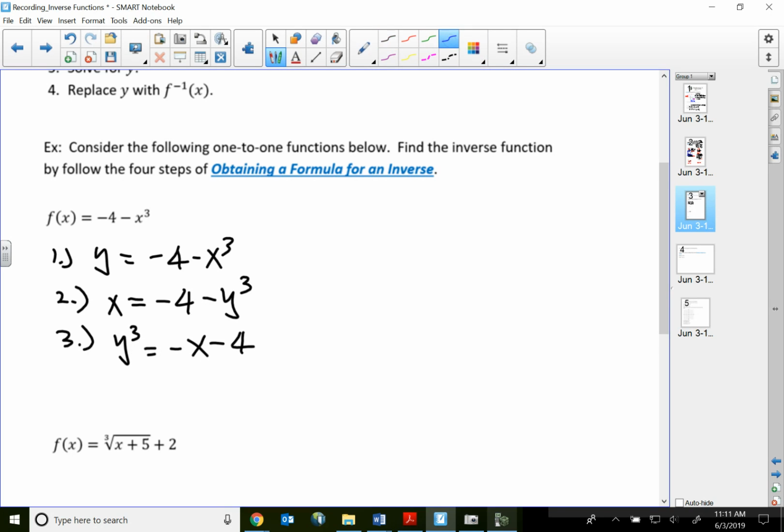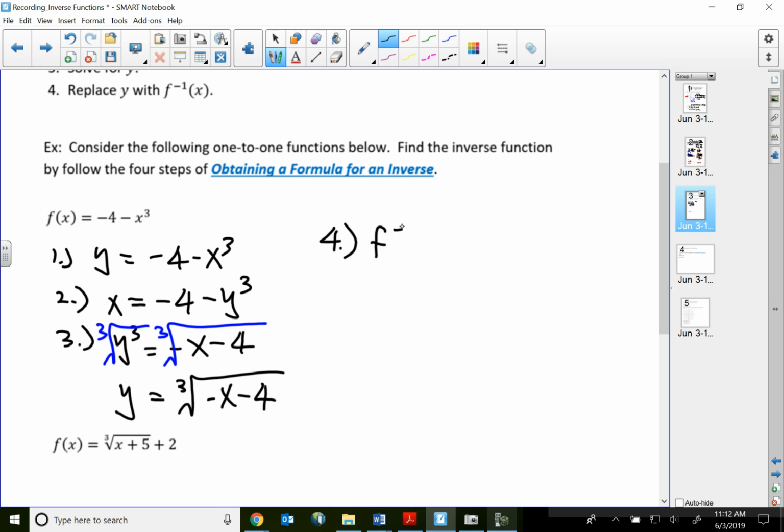To get y by itself, I got to take a cube root on both sides. So my y is equal to cube root of negative x minus 4. Once I got y by itself, step number 4, replace y with f inverse of x. So my inverse function is cube root of negative x minus 4.